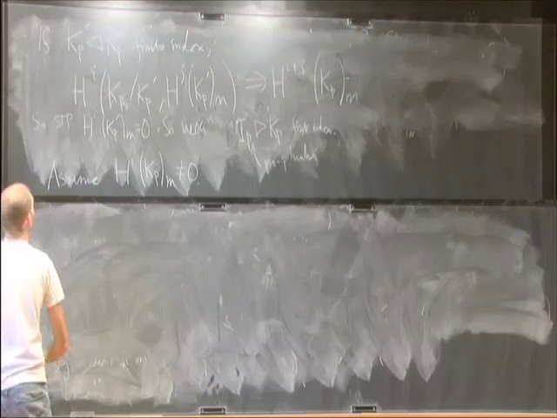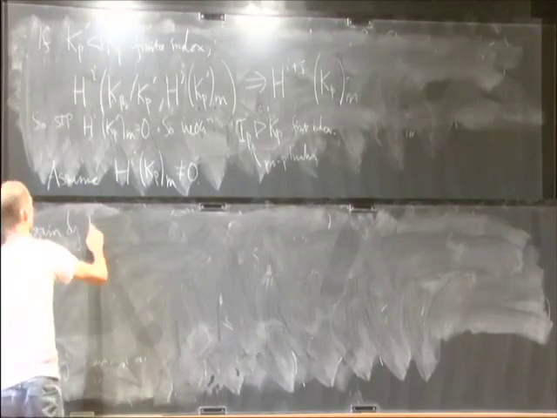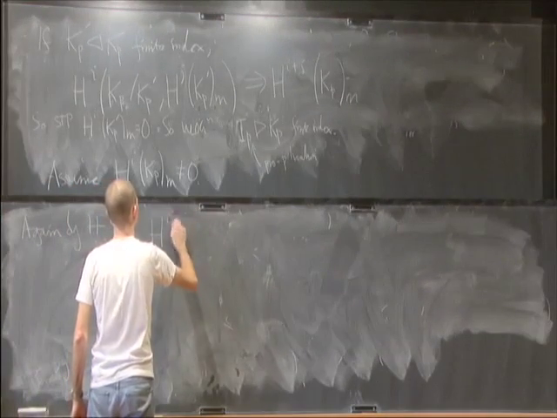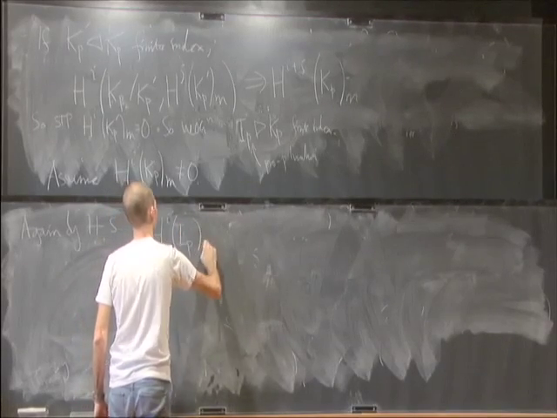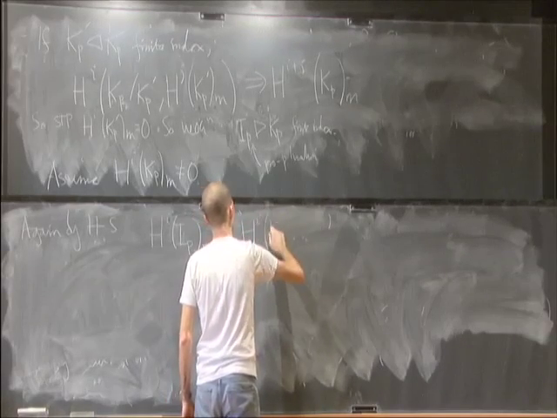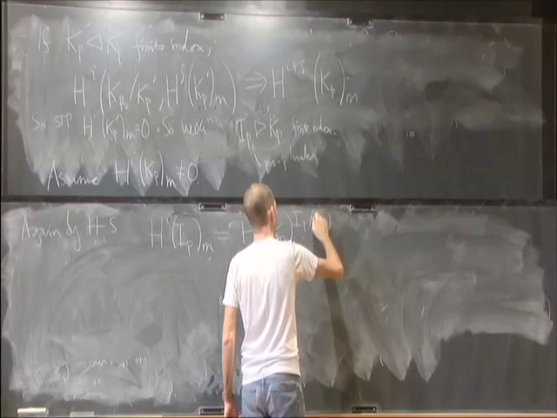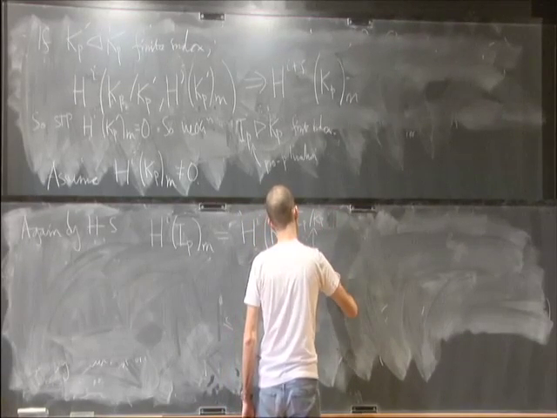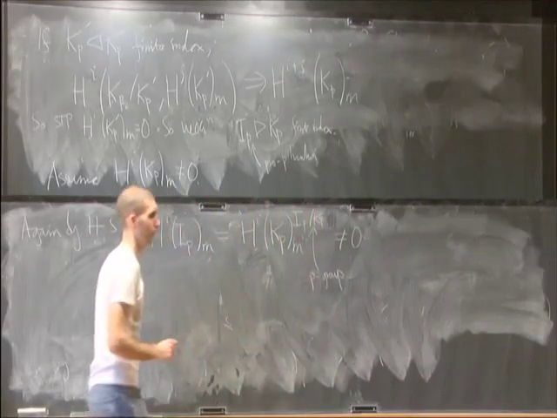But then again by Hochschild-Serre, the level I_p cohomology is going to be given by just these invariants. And now this is a p-group, so this would also be non-zero.